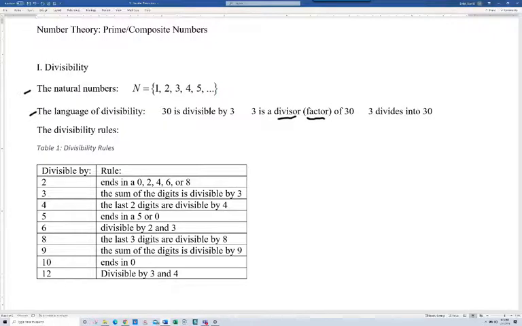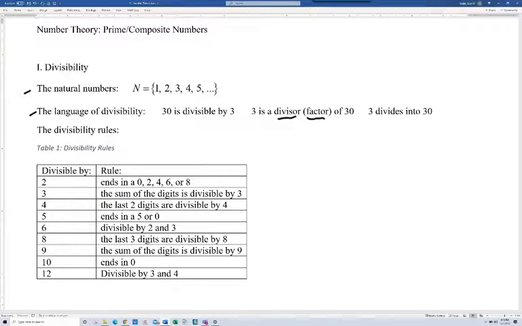So certainly if you're an even number, you're divisible by 2. So any number ending in a 0, 2, 4, 6, or 8. The rule for 3 is kind of cool. The sum of the digits is divisible by 3 here. Notice for 9, the sum of the digits is divisible by 9. And so for 3 and 9, you have that same basic rule.